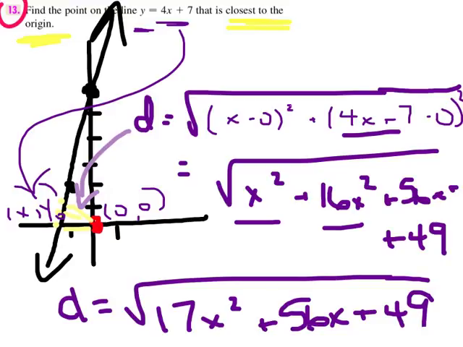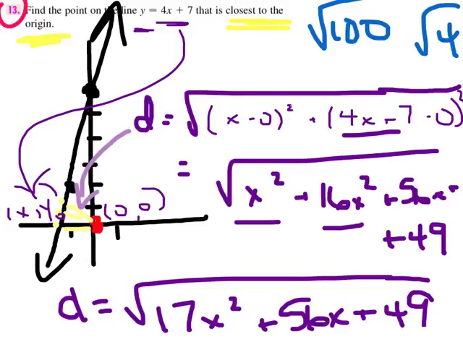One thing you want to keep in mind is that anything under a square root, think about this: what's bigger, this or this? Well, this is 10, this is 2. The bigger the stuff underneath, the bigger the square root is going to be. Similarly with smaller. The smaller this number is, the smaller the square root is going to be.